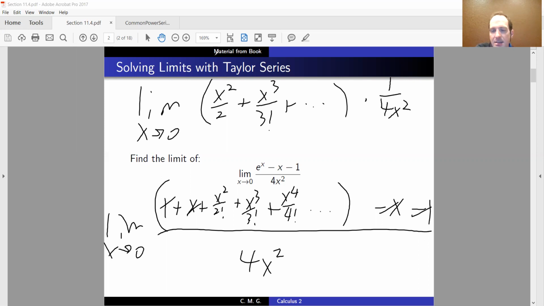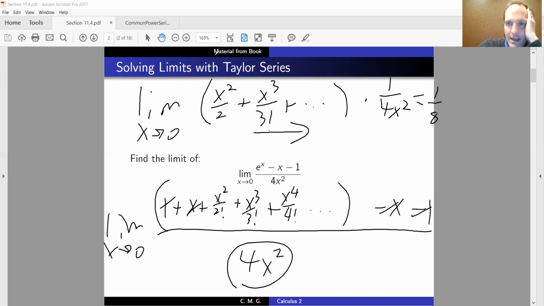And the reason I'm doing this is the bottom is just going to come up as 1 over that, and then I multiply. Any term that has an x in it at the end of all of this, which is every term beyond that first one, will go to 0 as x goes to 0. So what I end up with here is just 1 over 8.